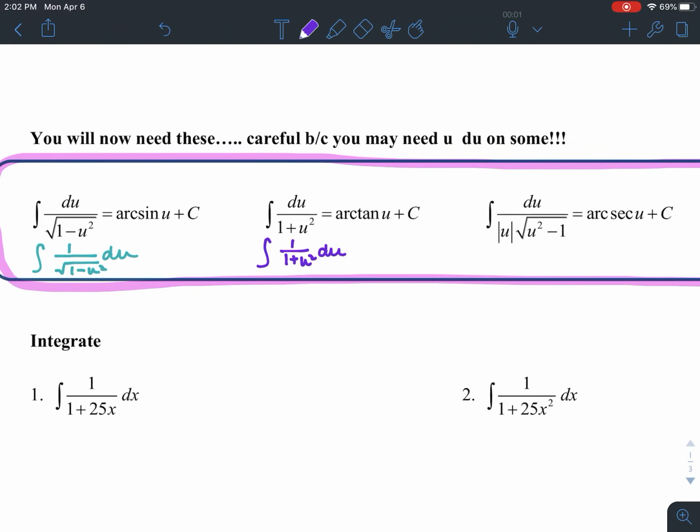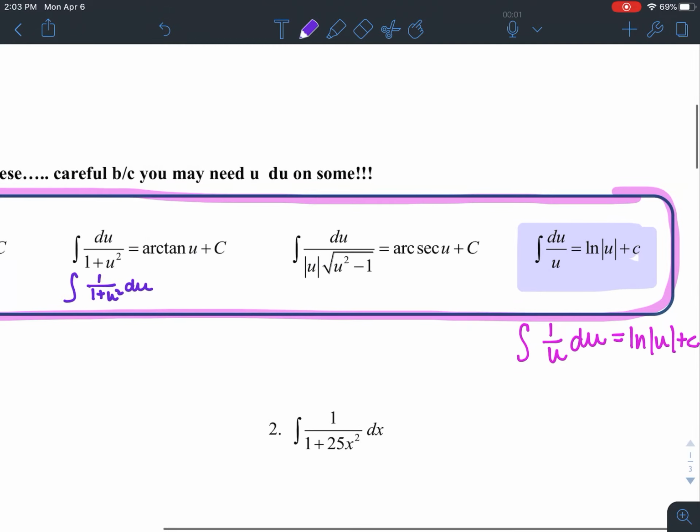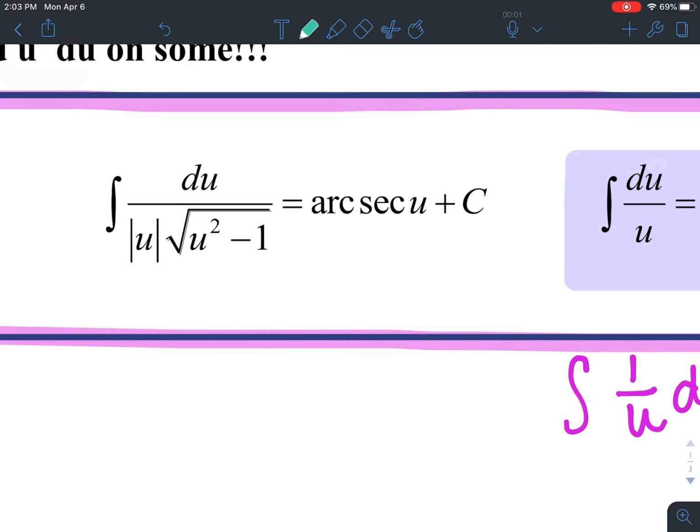Notice tangent has no square root. Arcsecant has the absolute value. If you see that, you know that it's going to be arcsecant. So we've got 1 over the square root of u times the absolute value of u squared minus 1 du.